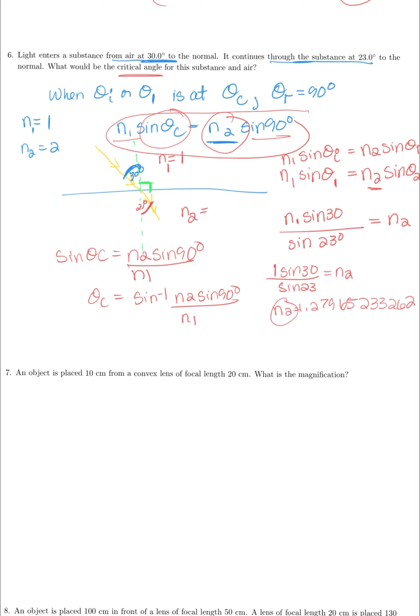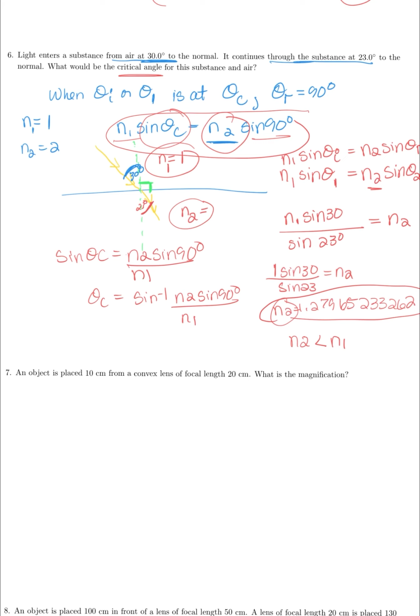But even though that is how you solve this, this only works if N2 is less than N1. But here we have that N2 is 1.279, and we know that N1 is only 1.